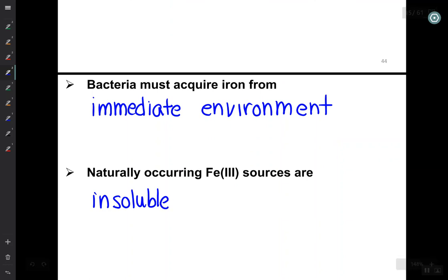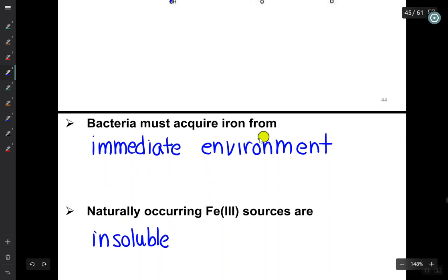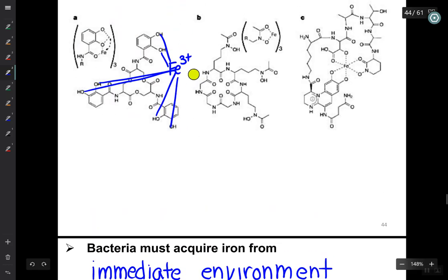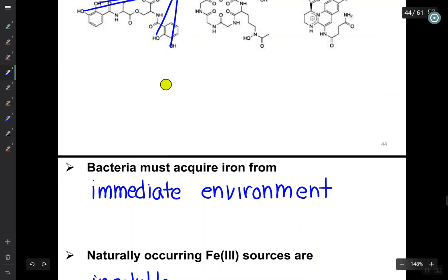So if it's insoluble, that means the bacteria can't just take it up. And so what it has to do is to chemically sequester the minerals from the atmosphere into a soluble form. Because once this complex is soluble in water, it can diffuse in the water toward the bacteria.